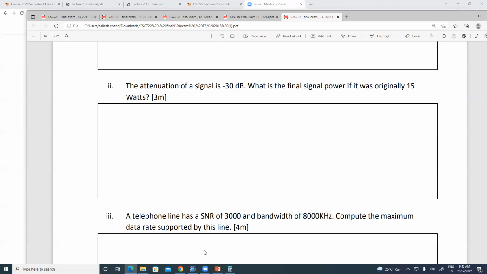Let's say the attenuation of a signal is negative 10 dB. That means the attenuation is already given, negative 10 dB.